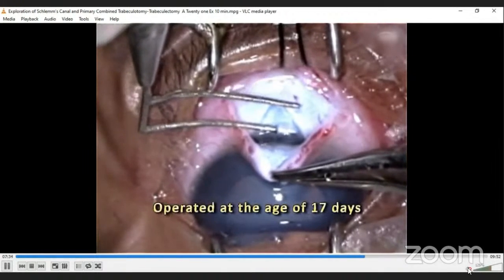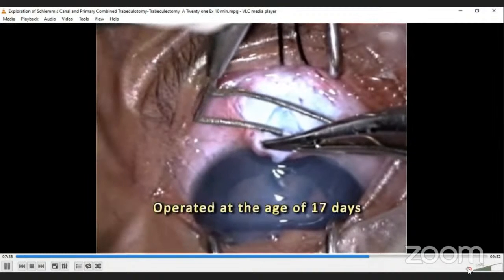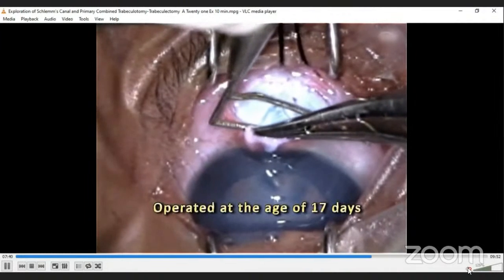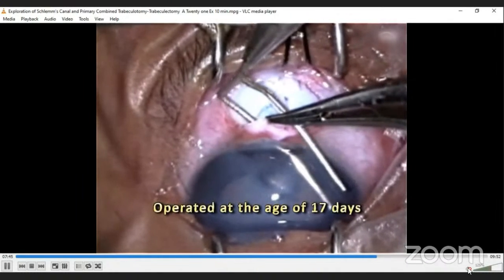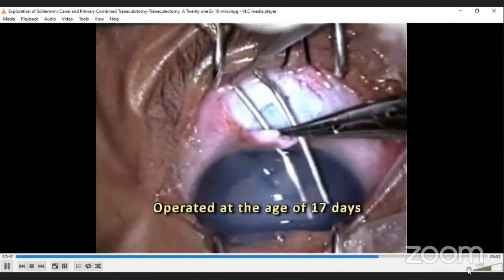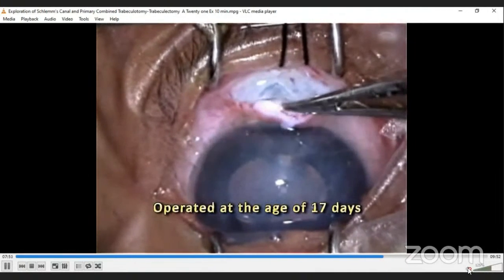Just to show the same technique once again on a 17-day-old child. The trabeculotomy probe, the lower prong is introduced and the upper prong gives us a guide where the lower prong is being introduced into the Schlemm's canal.